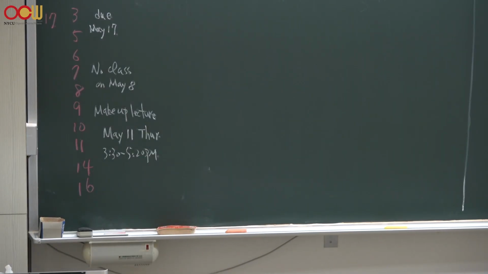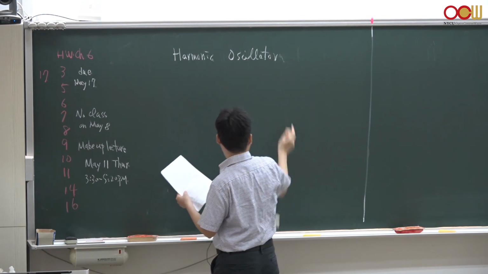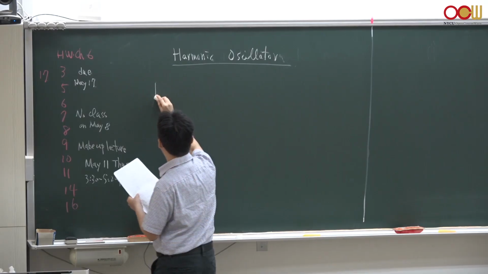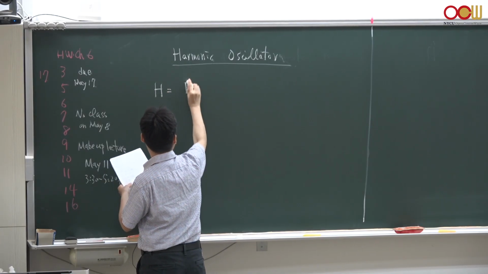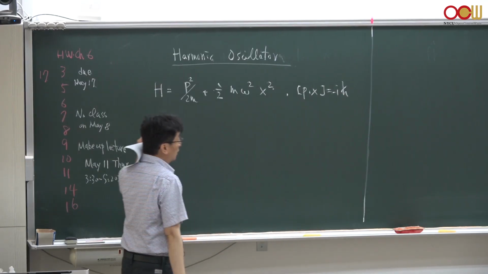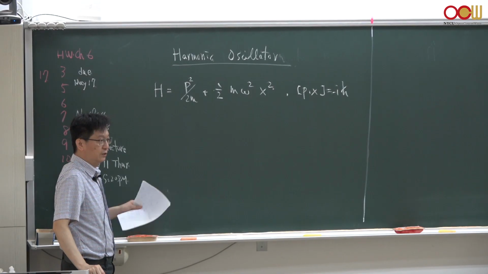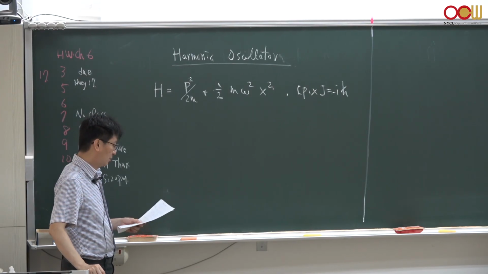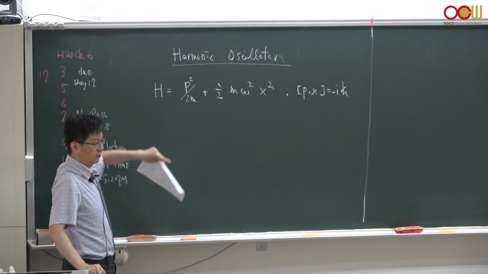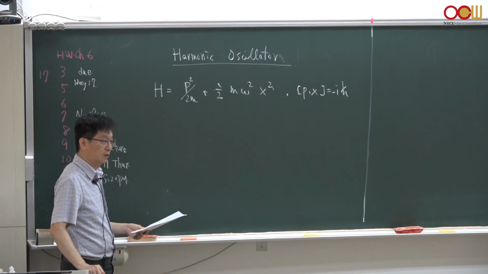So let's study the harmonic oscillator problem again. The Hamiltonian is very simple. What do we do? Again, as I mentioned, we need to define an operator A and A dagger, which could simplify this Hamiltonian, and we could find the commutation relation between these operators.